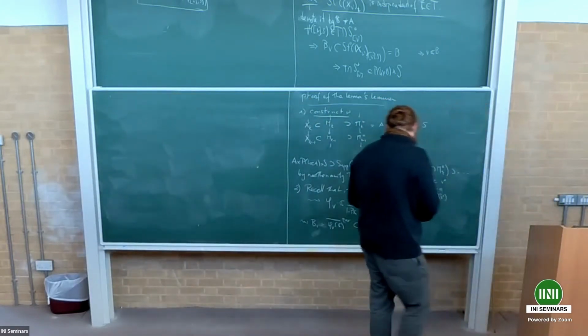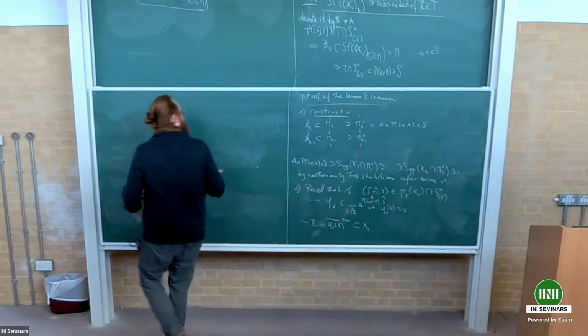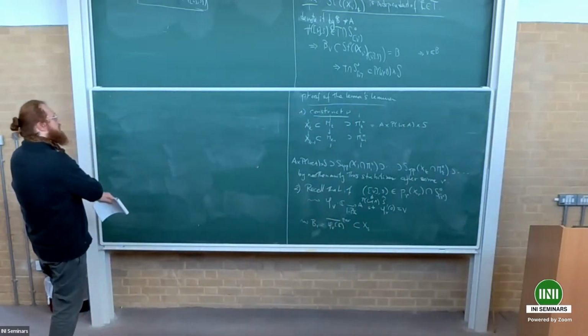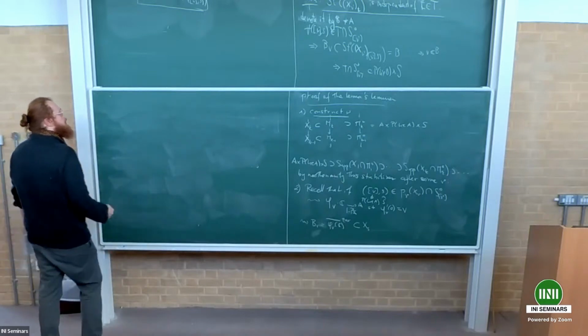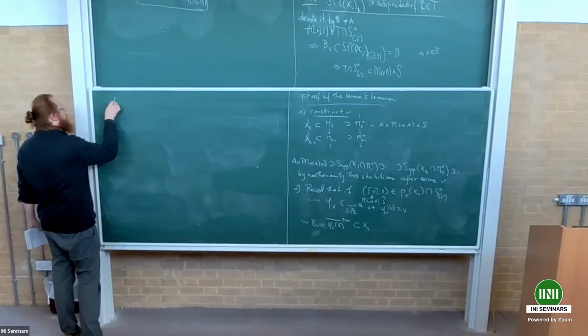Right. And so if you want to prove the claim, from my understanding, the claim is really just some dimensional argument. So the proof of the claim.